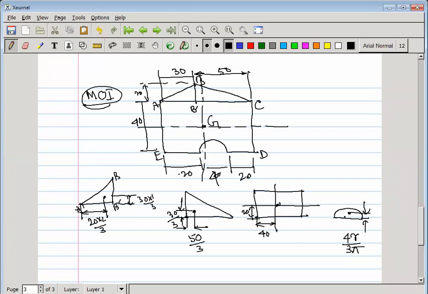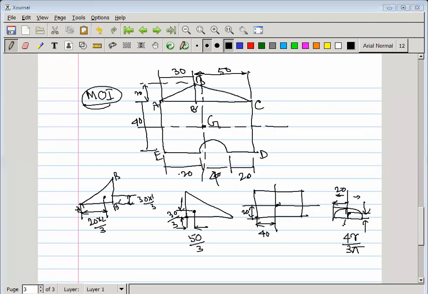And this length is also half of that, because along the y-axis, if we draw this axis, both this side and this side are symmetric, na? So that's why this length is 20. Only along y, this height, it is 4r by 3 pi. Okay, so last class we discussed centroid finding.